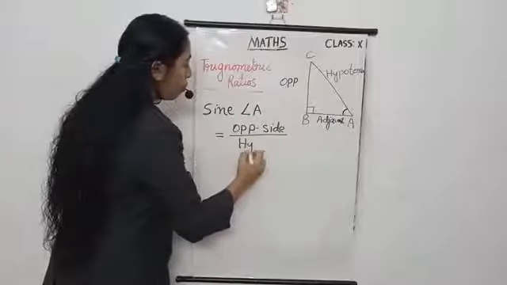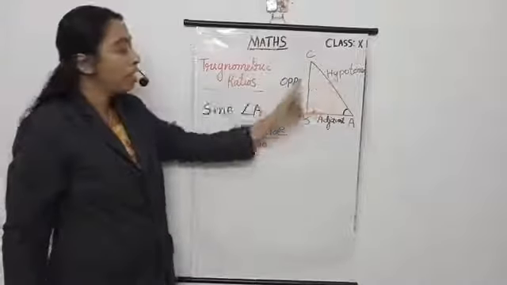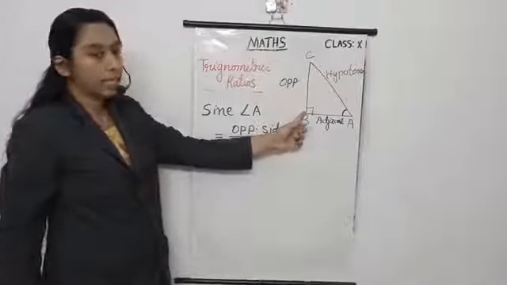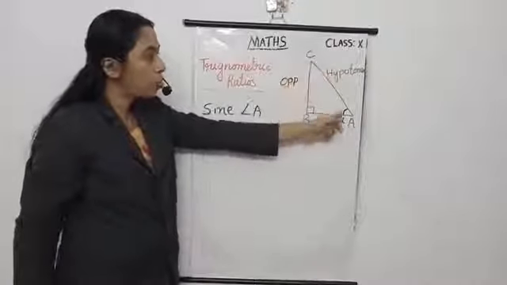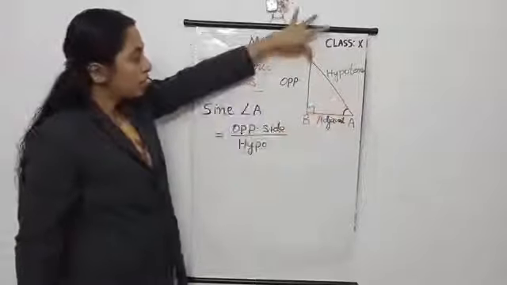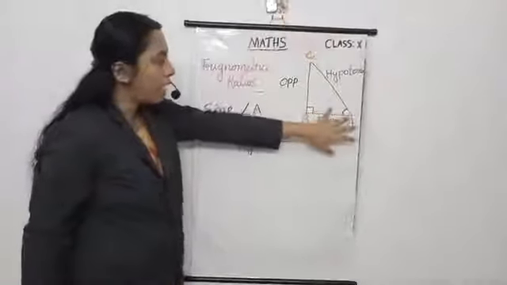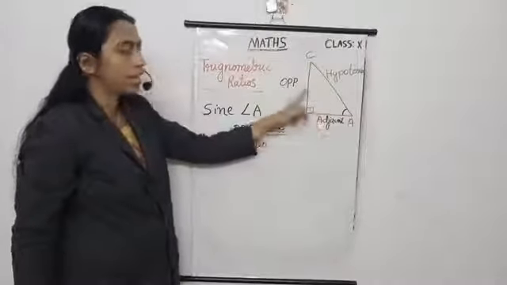The hypotenuse is always the same. It is not varying. The side opposite to 90 degrees is always the hypotenuse, and that is not varying. According to angle C and angle A, these two sides are changing.